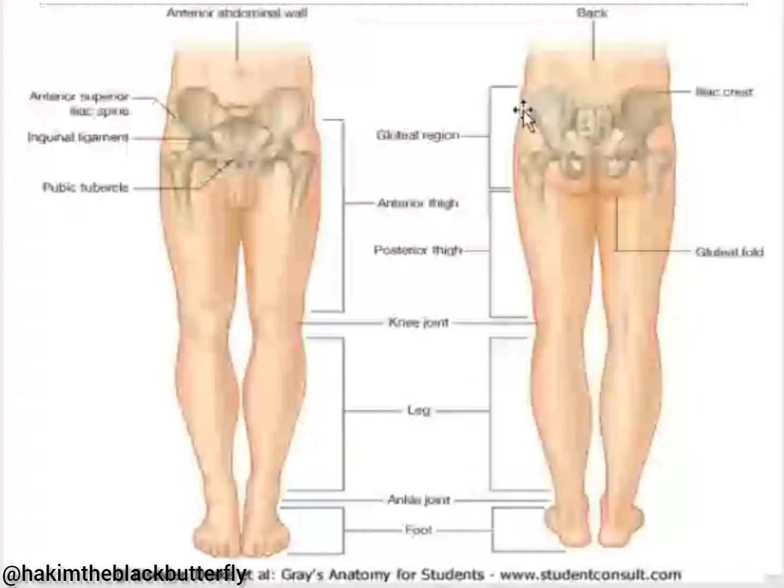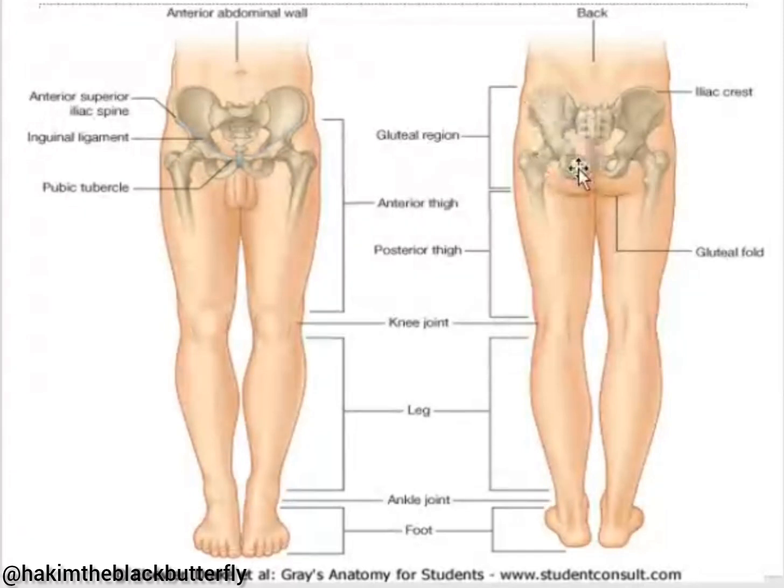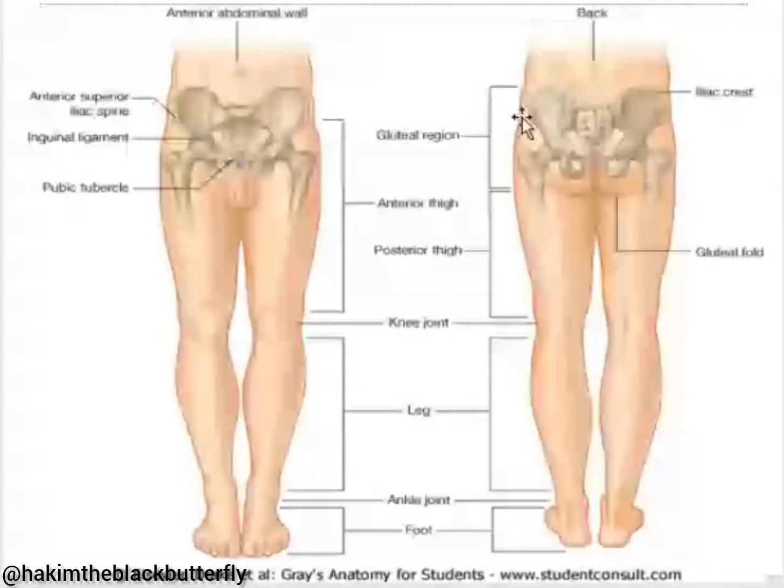This gluteal region is the region of the buttock, and it is part of the pelvic girdle, the posterior aspect. And the pelvic girdle is part of the lower limb. So we are going to first look at the musculoskeletal anatomy of the gluteal region, which is the posterior aspect of the pelvic girdle, also known as the buttock region.